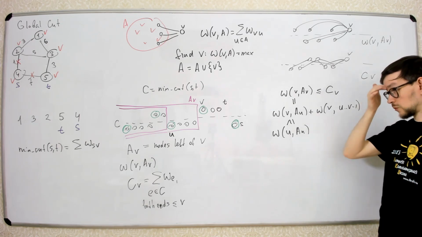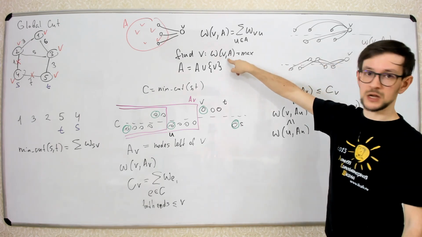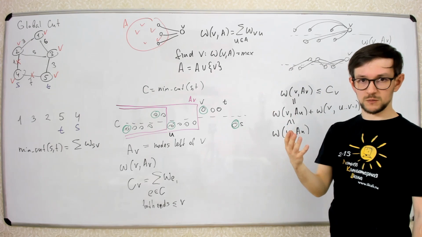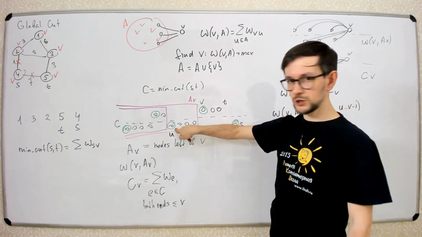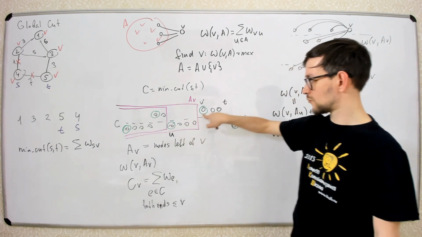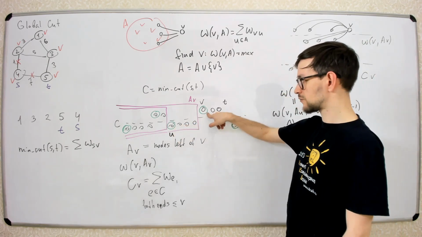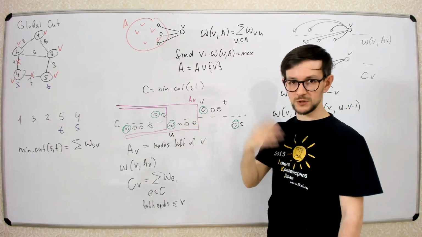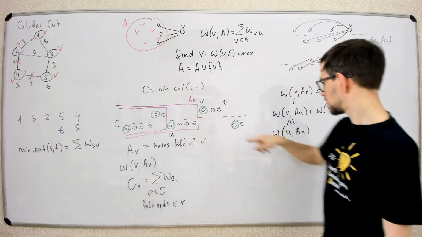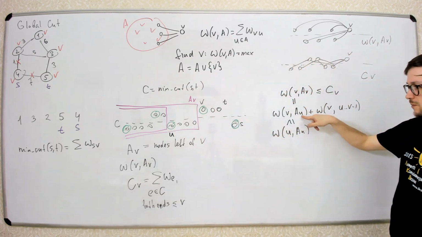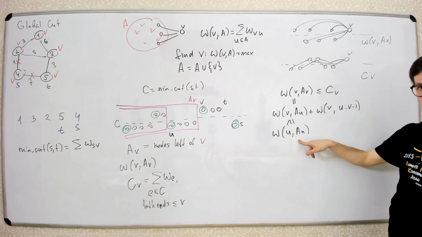Why is it true? Because each time we select the node with maximal sum. When we picked node U instead of V, the sum for node U was greater than or equal to the sum for V. So node U has maximal sum, and the same sum for node V must be less than or equal to it.